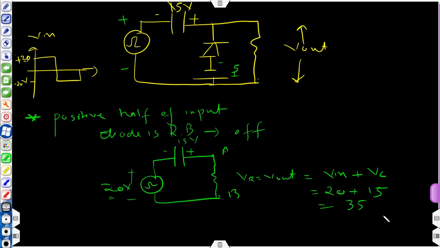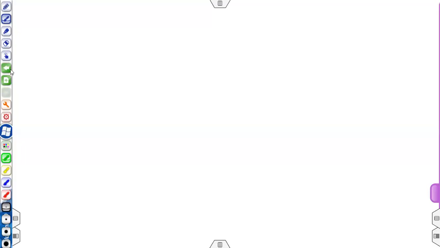Okay, so you should have expected 40 volts if this 5 volt source is not connected. So this should be 20 plus 20, 40. Okay, but because of this 5 volt in this manner, minus on the top and plus at the bottom, we have lost the 5 volt. Okay, so the output is 35 volt.